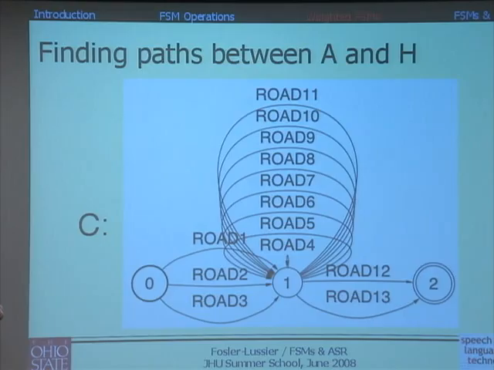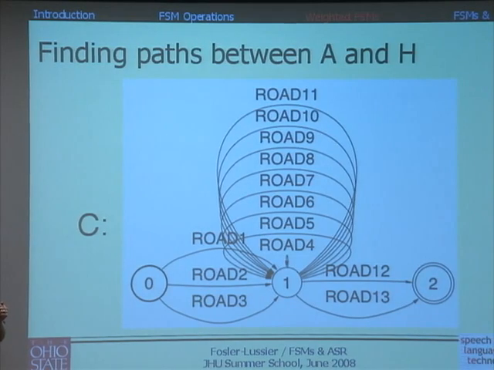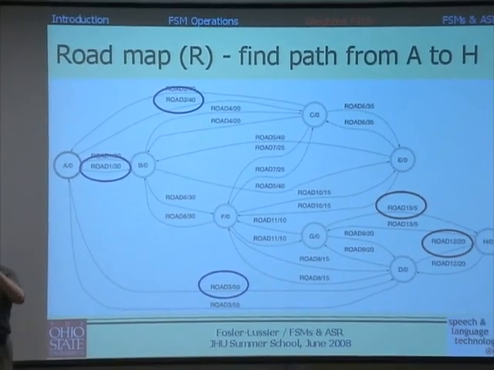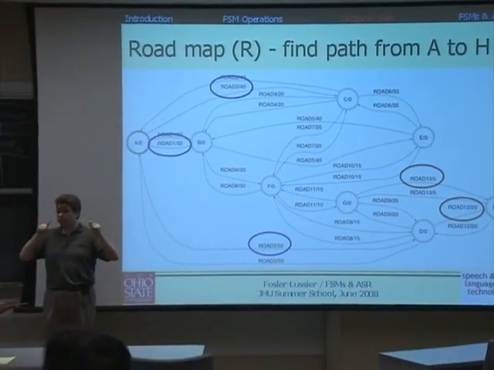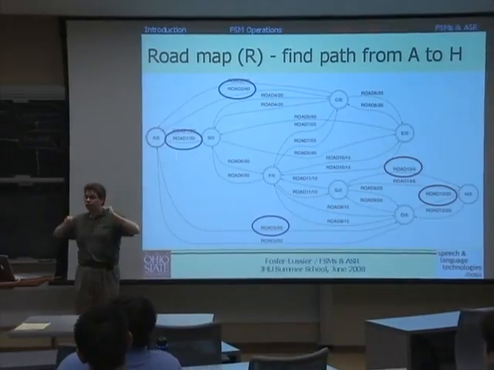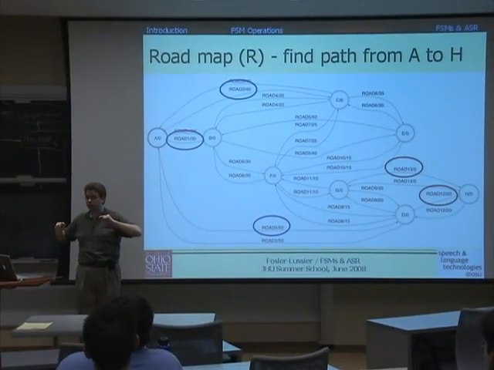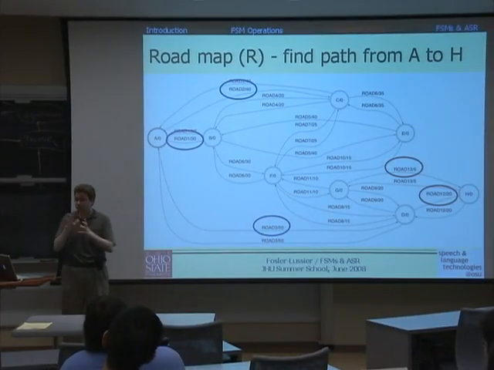And what am I going to do with this and this? Expand state 1. Well, yes, and that was one step in the general algorithm of what finite state operation? Intersection, right? I can intersect these two. Intersection really is expanding state 1, following both paths in both constraints. That's what the intersection algorithm does.